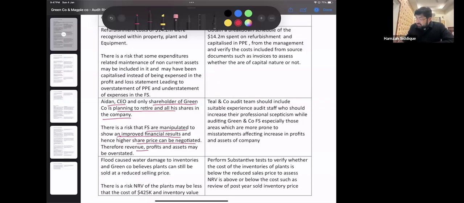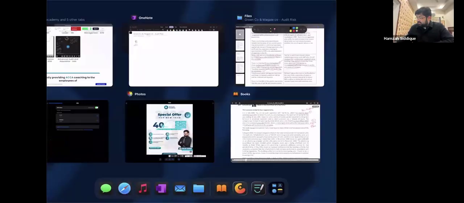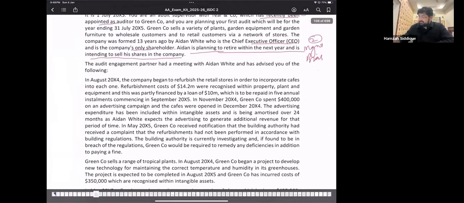Therefore, revenues, profits, and assets may be overstated. So skepticism should be high while auditing Green Company, especially in those areas which are more prone to misstatement affecting profits. Addressing this risk, now come here.